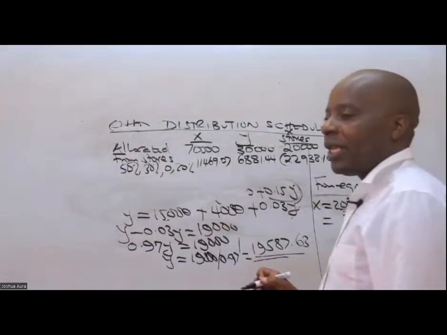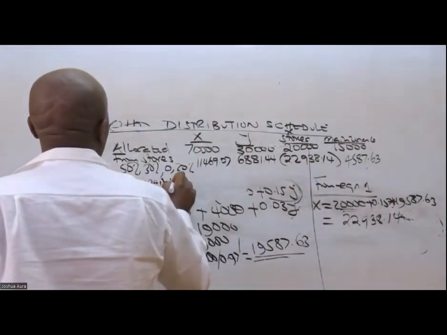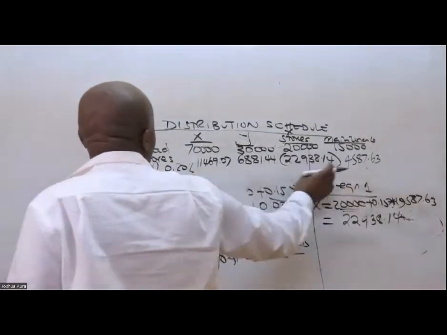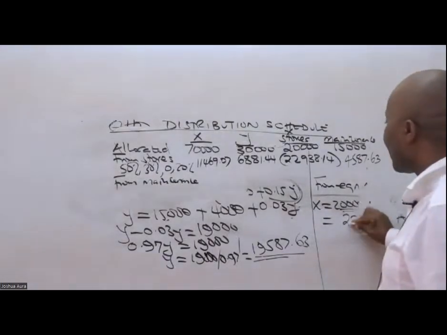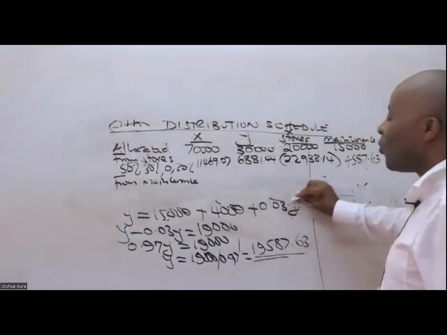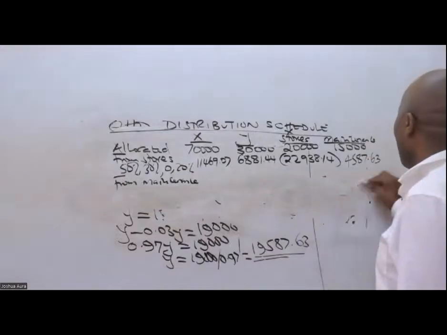And then we come and say from maintenance. How much should I subtract from the maintenance department? Is there somebody who can give us a value, even if it's through guessing? Remember, maintenance's total cost is Y, the one that we got.